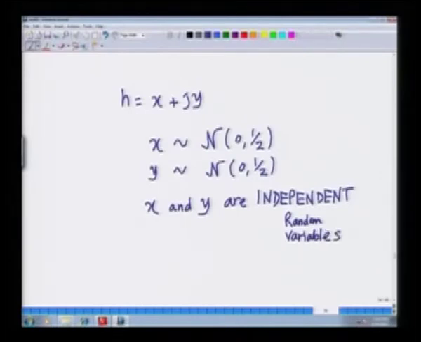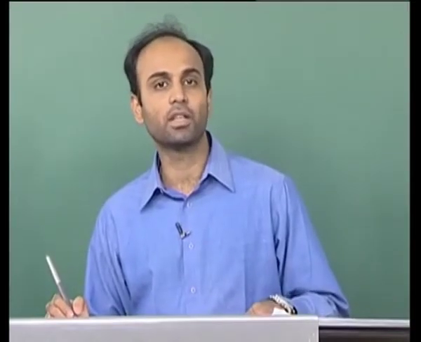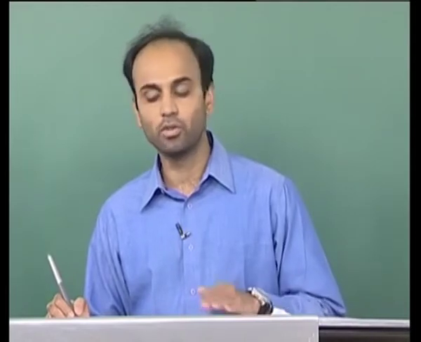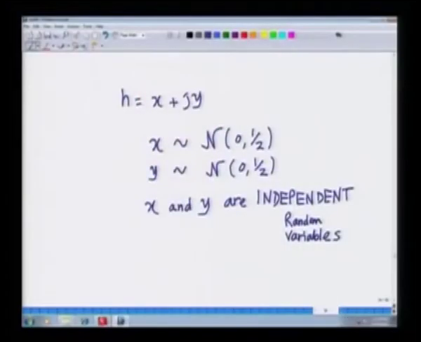Alright, x and y are independent random variables, which means the joint distribution of x, y is given as the product of the distributions of x and y, and we know the distribution of x because x is a Gaussian random variable of mean 0, variance half.